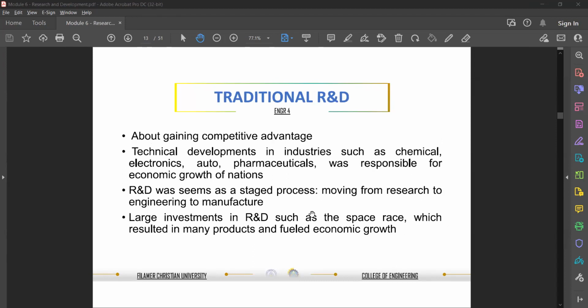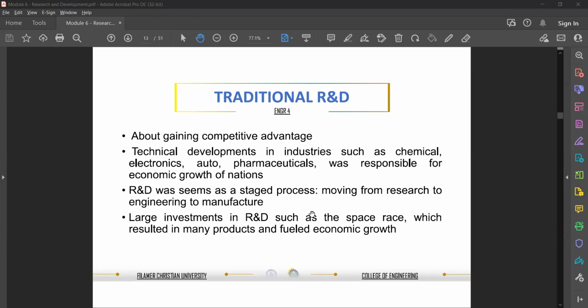So traditional research and development is about gaining competitive advantage. Technical developments in industries such as chemical, electronics, auto, and pharmaceuticals were responsible for the economic growth of nations. In pharmaceuticals, who has the biggest investment in research and development?